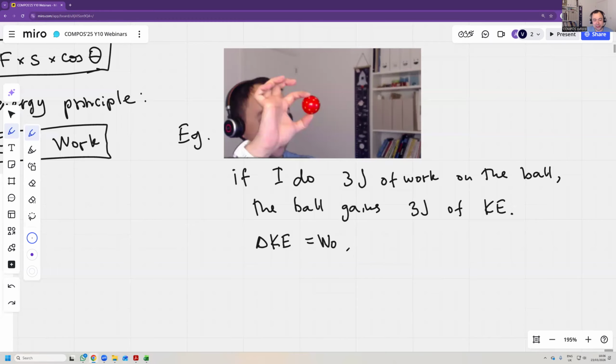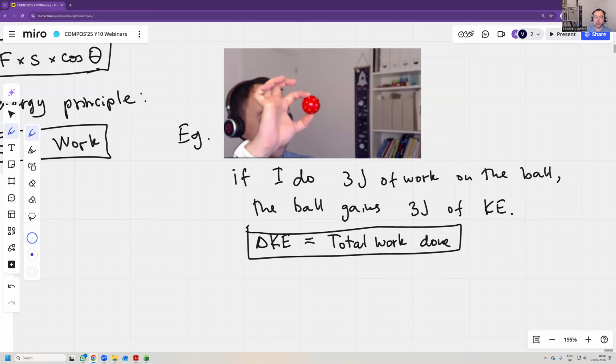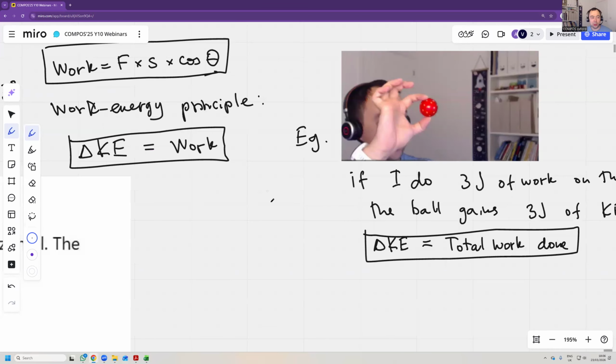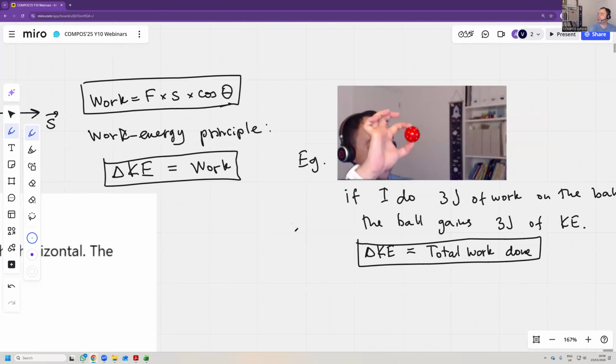Slightly confusing: it's the total work done on the object. Because you will ask me, well, what happens if I take this ball and move it to the top shelf? The ball hasn't gained any kinetic energy, has it? Its kinetic energy is still 0.